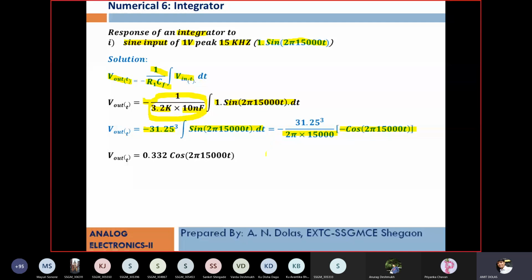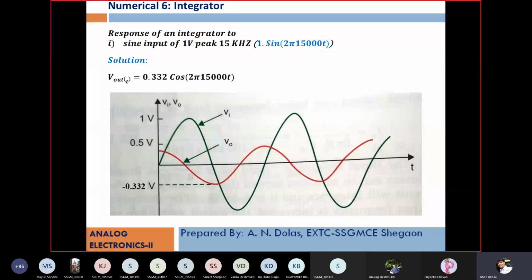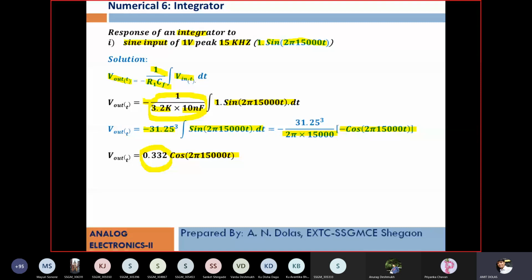The minus minus sign cancels. So the final answer is in the form of cos 2 pi 15,000 t, but the amplitude of the cos is 0.332.